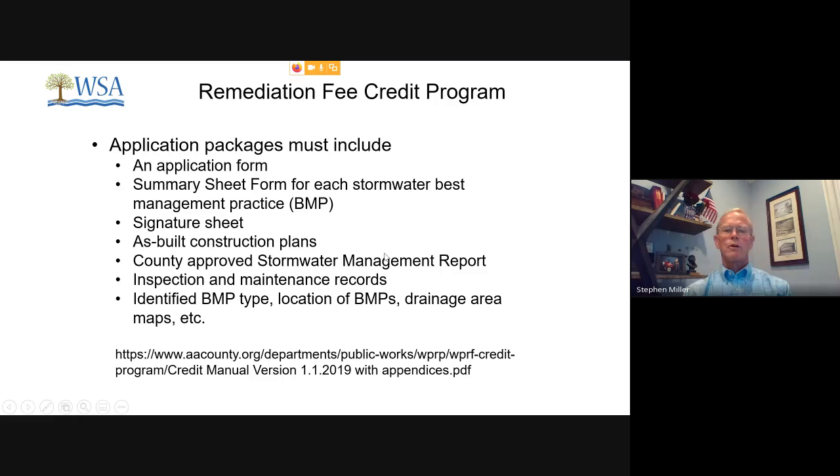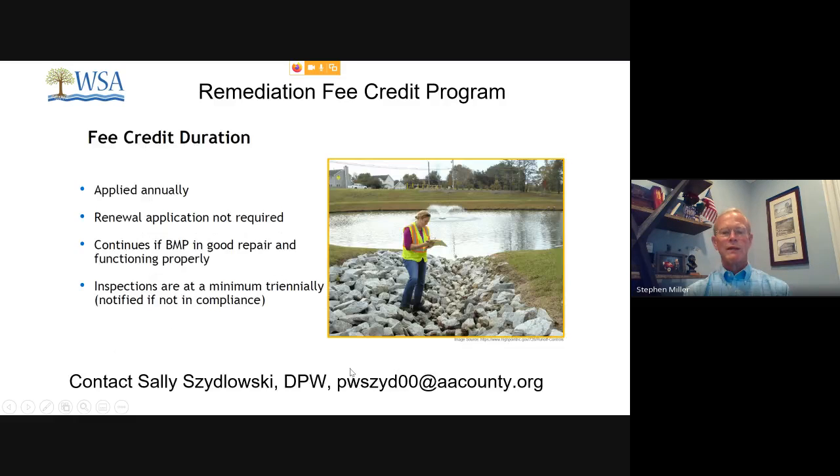And, you know, there are a lot of things that may go along with this application. If you are a relatively new community, the county already has most of this information. What I took from this is already posted right here at this particular address. But what I would tell you is contact Sally, because Sally will work with you.